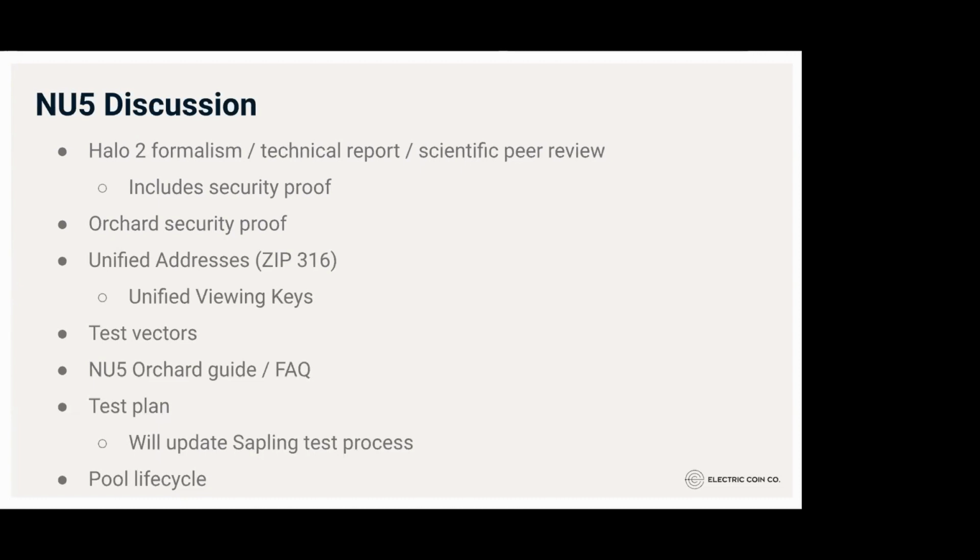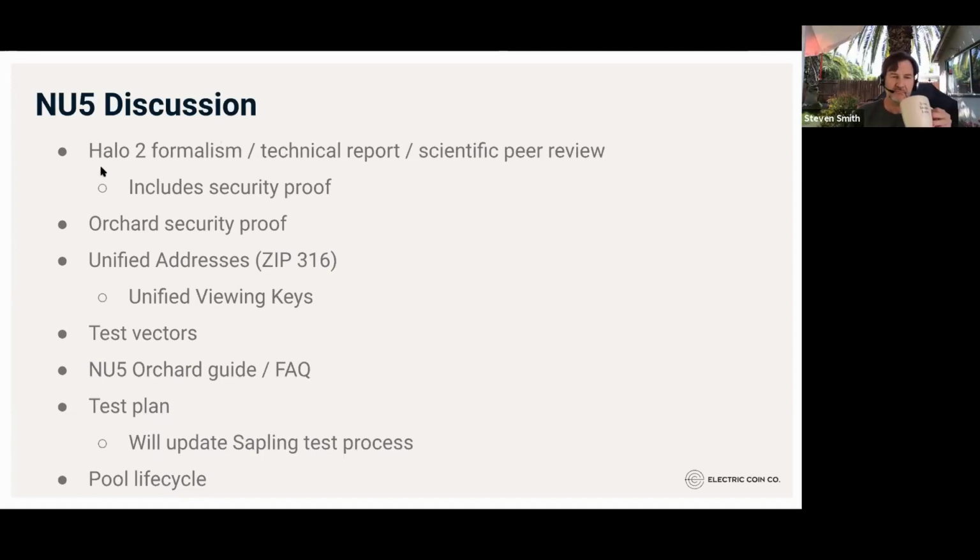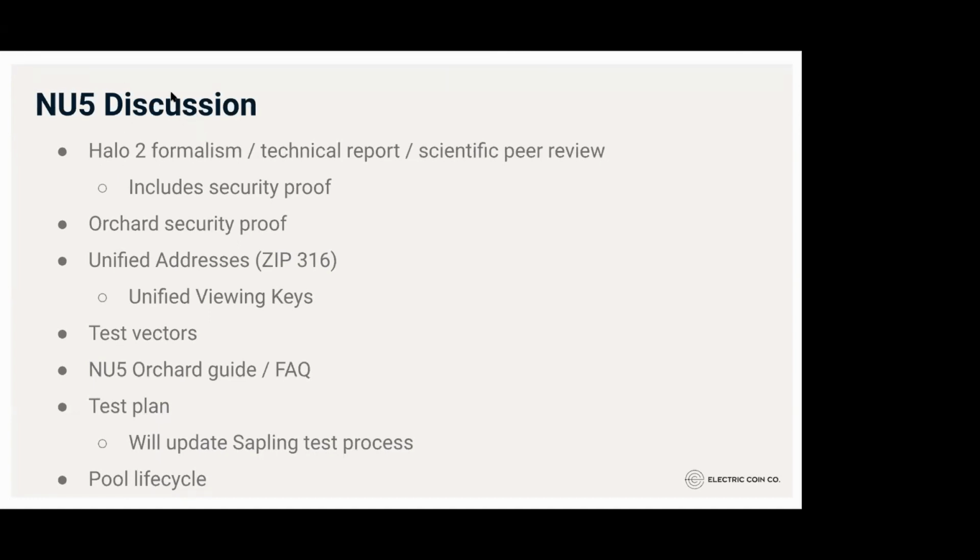Right. So for Sapling, we kind of tried to write a proof, didn't really finish it, and I'm not really sure that the security properties we're going for are really an exhaustive analysis of the protocol. So this is, I think, really outside the scope of what we're doing with Orchard.